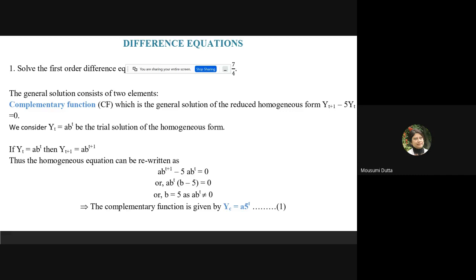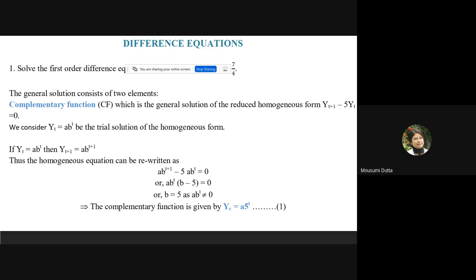Now, coming to the first order difference equation technique, there are two parts: the complementary function part and the particular integral part. Particular integral is nothing but the value of intertemporal equilibrium of the concerned economic variable.